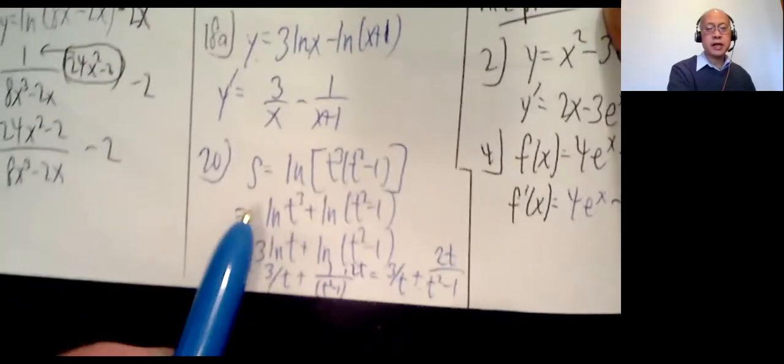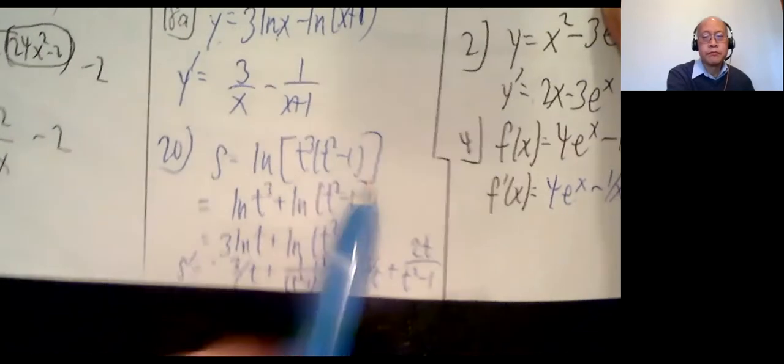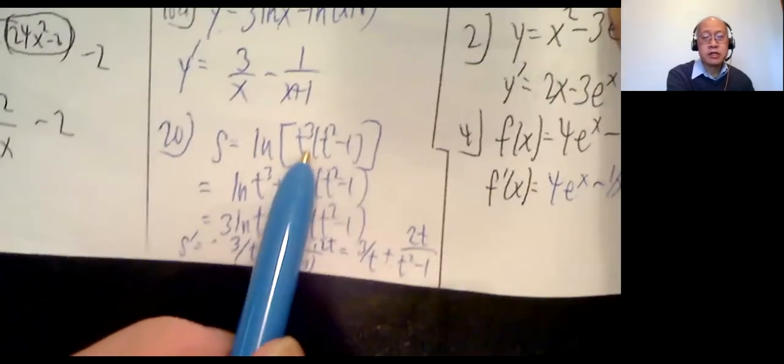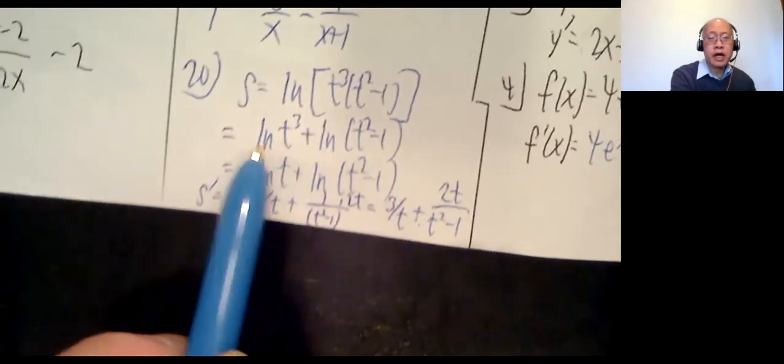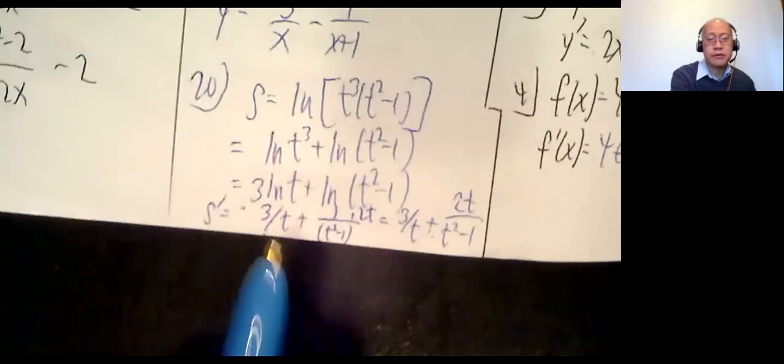All right, 20 goes like this. S is ln of t cubed times (t squared minus 1). This is a product, something times something. Therefore, I can write it as ln of the first plus ln of the second, ln of t cubed plus ln(t squared minus 1).